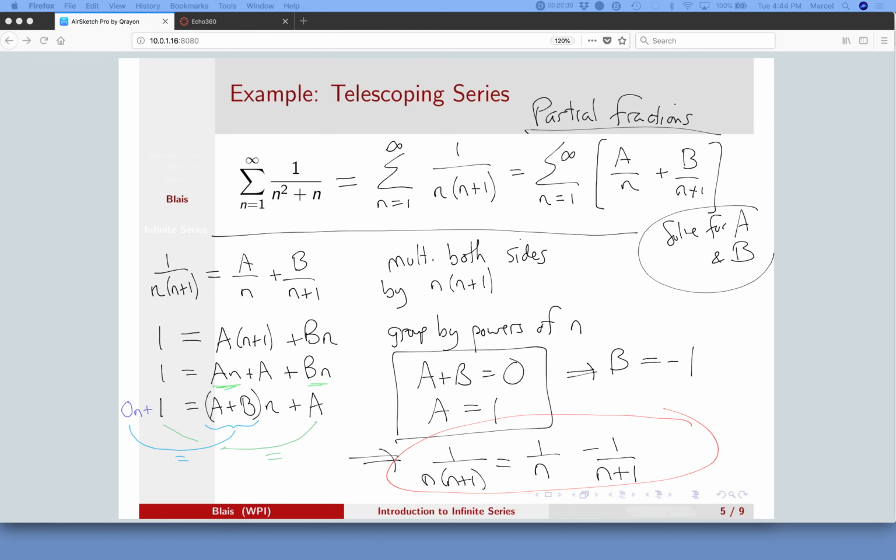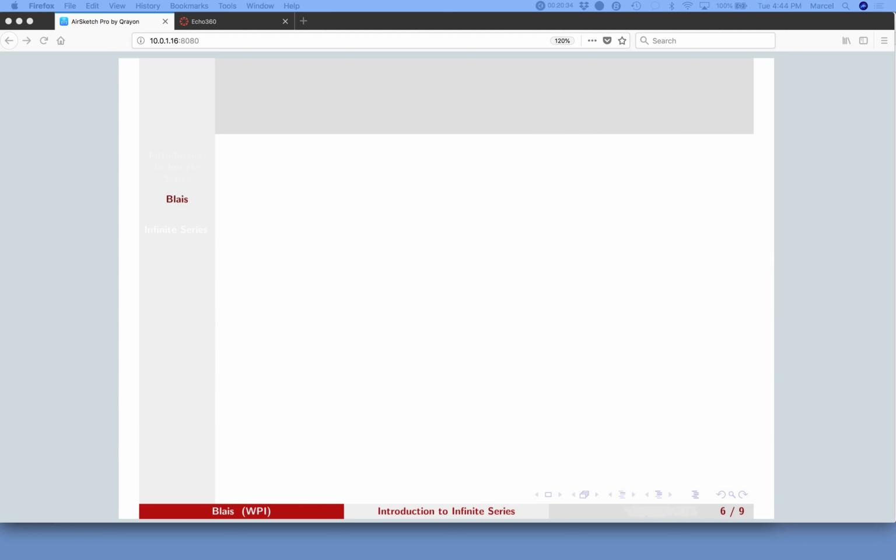Okay, so what do we do with this? That's kind of the natural question to ask now. So we have that the sum n equals 1 to infinity of 1 over n times n plus 1 equals the sum, n goes from 1 to infinity, of the quantity 1 over n minus 1 over n plus 1.